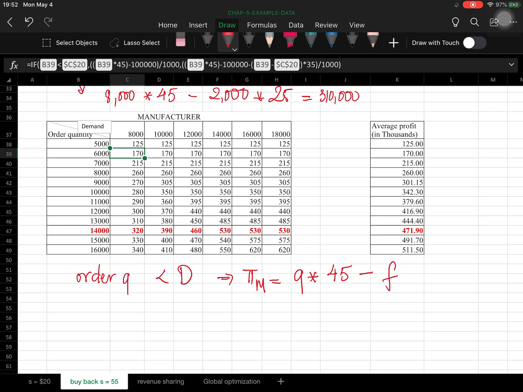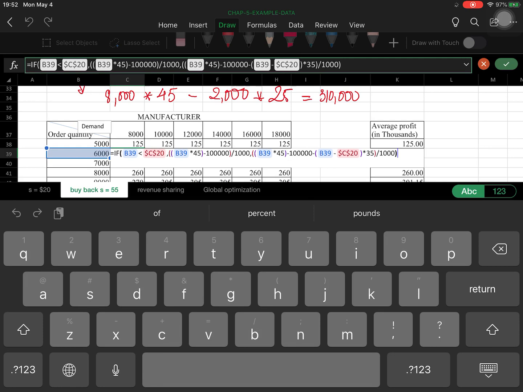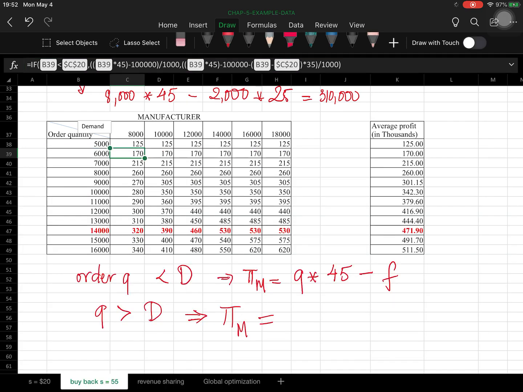Okay, if the order quantity is larger than the demand, it means they have extra products and the manufacturer has to buy back. So the profit of manufacturer will become Q multiplied by 45 minus the loss, because this one is marginal profit.